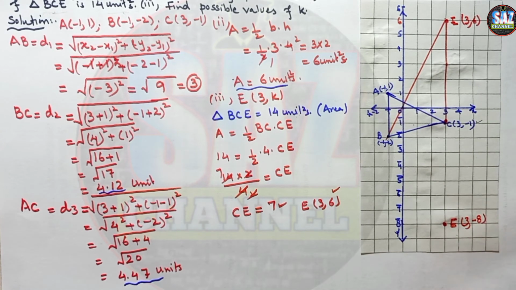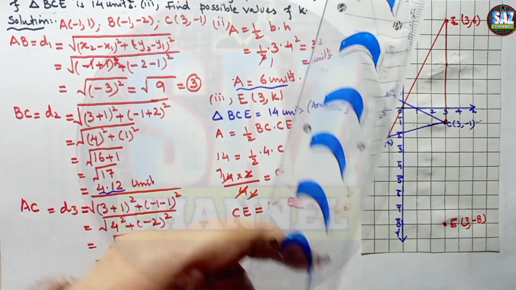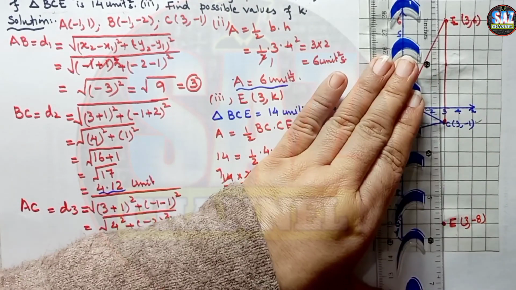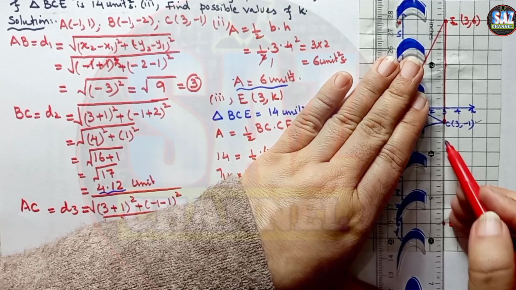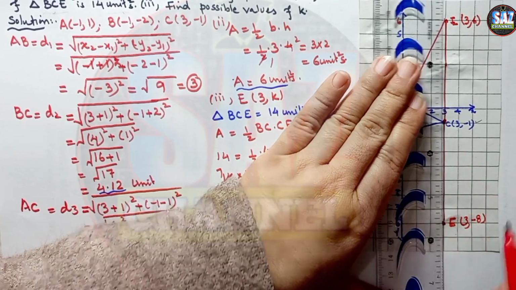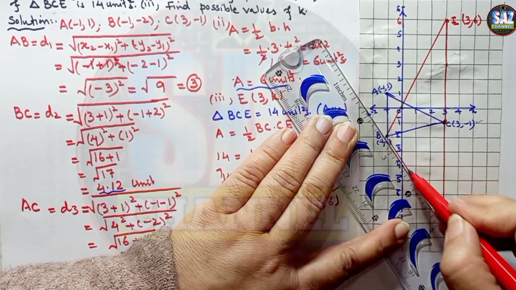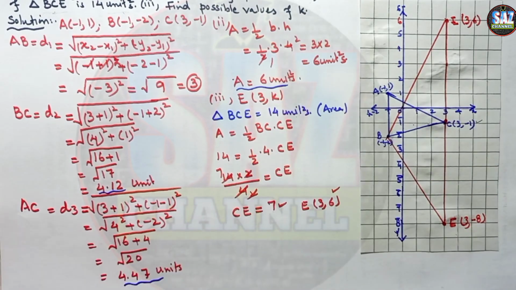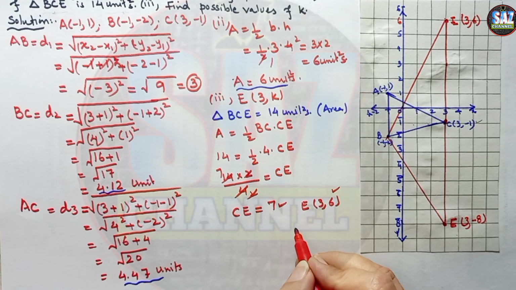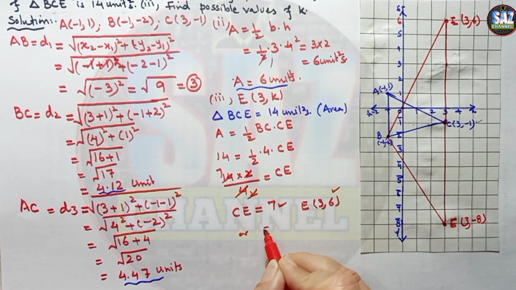Let me make another triangle here. This is the second possibility of E. I hope you are clear how we are locating the third unknown point for which the area will remain the same. So the other value of E will be 3 and minus 8.